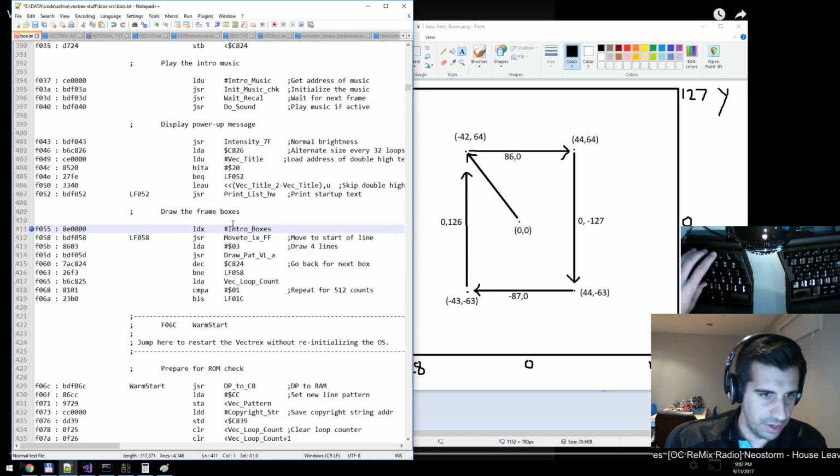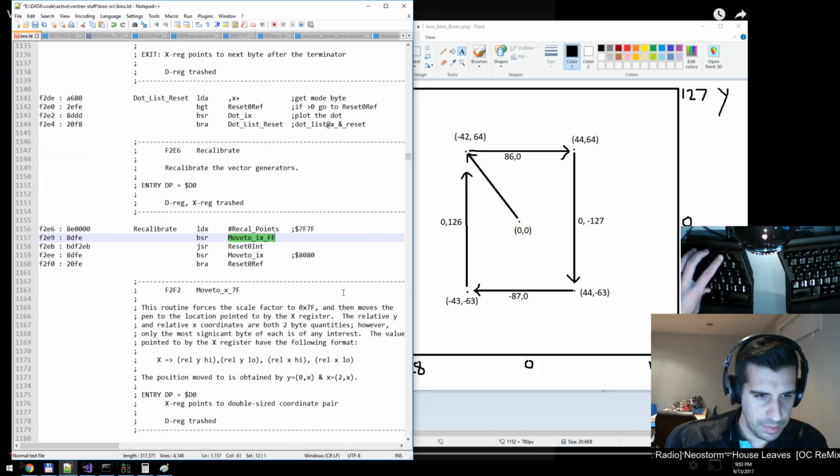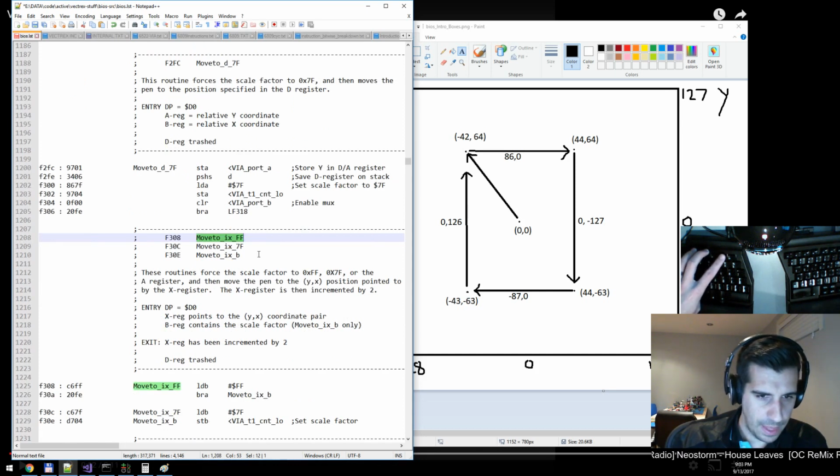So what's going to happen here is we start by loading into X the first set of coordinates, and then this call is going to take that value in X. I think it sets the, what's FF again? Let's see here. These routines force the scale factor to FF.